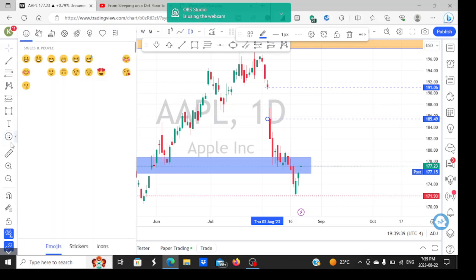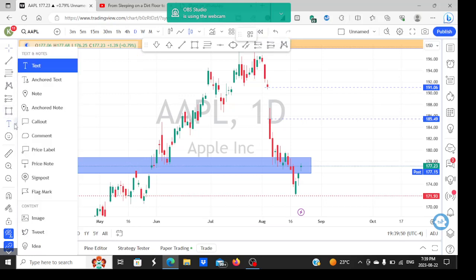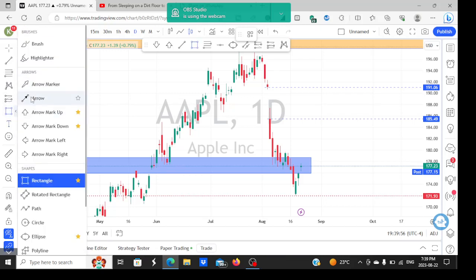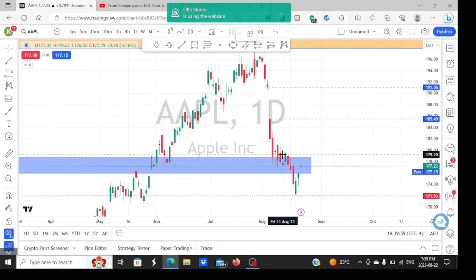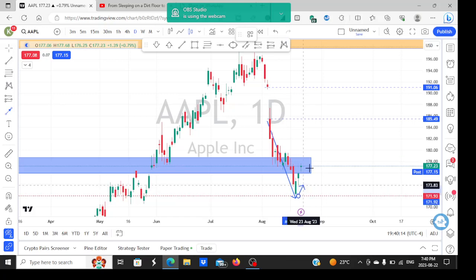So let's draw some. What you do is Apple came down here, right? And then it's going to go back, like retrace.